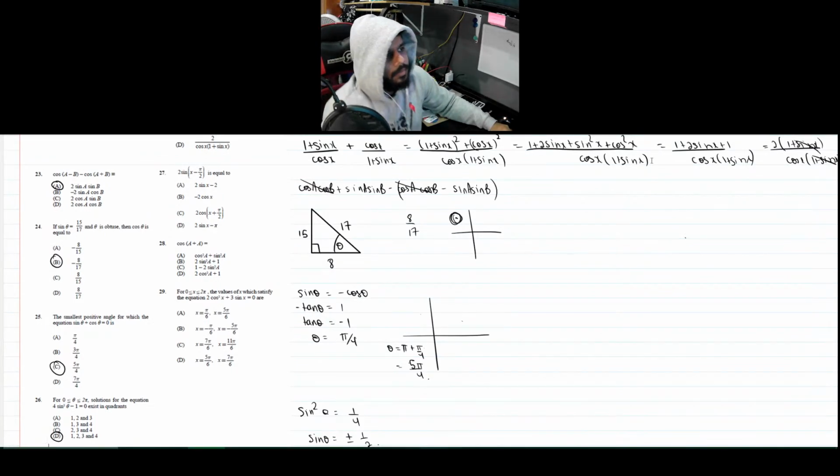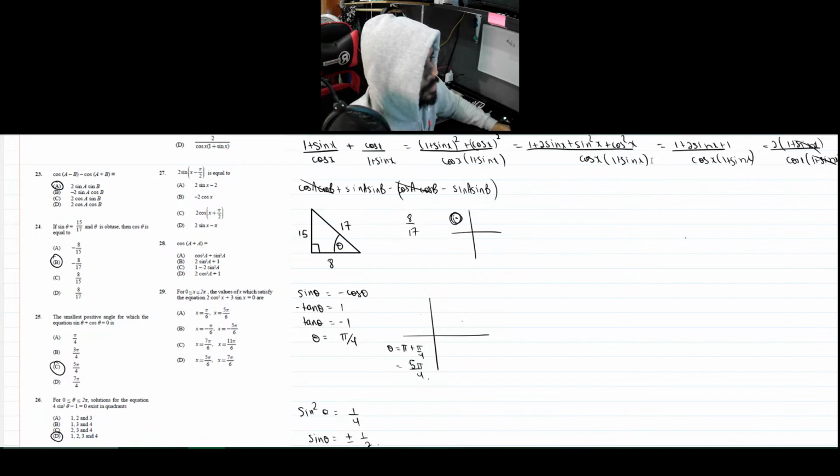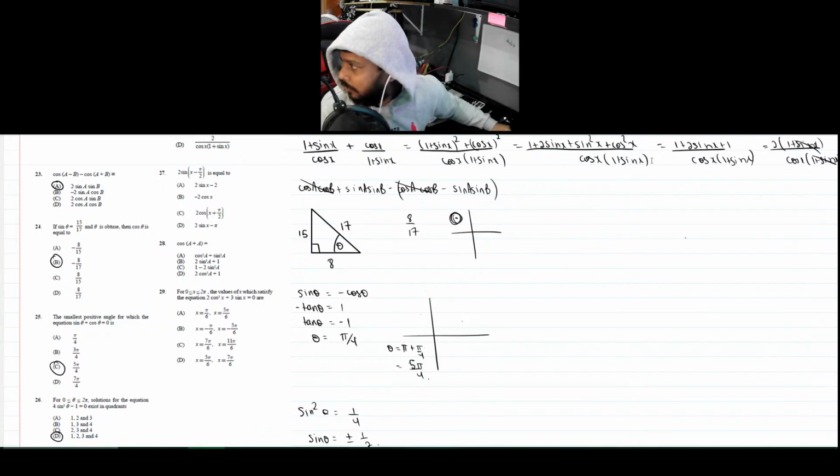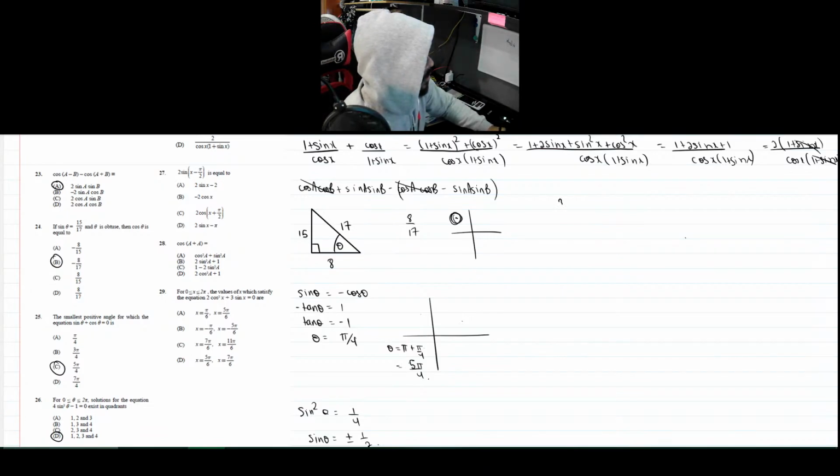Number 27. 2 sine x minus pi on 2. Alright, next compound angle formula.